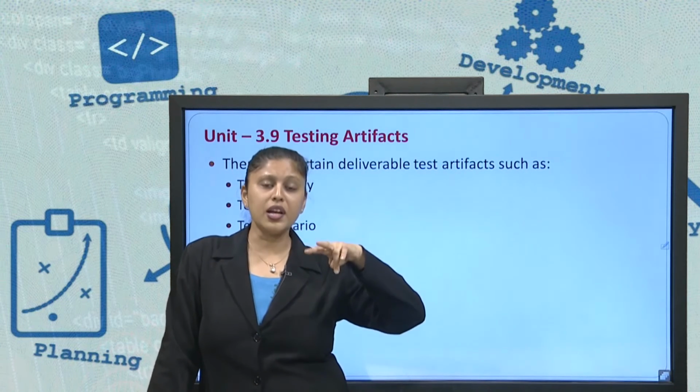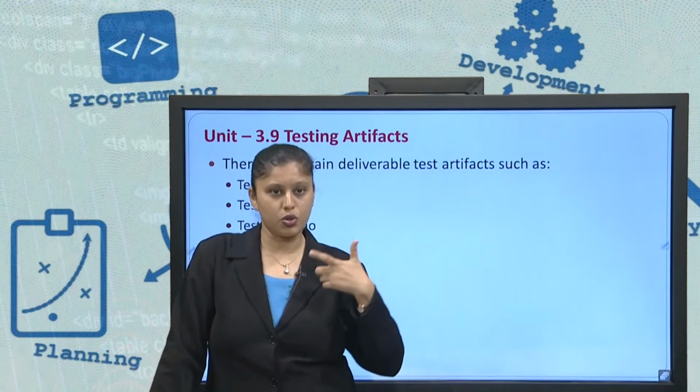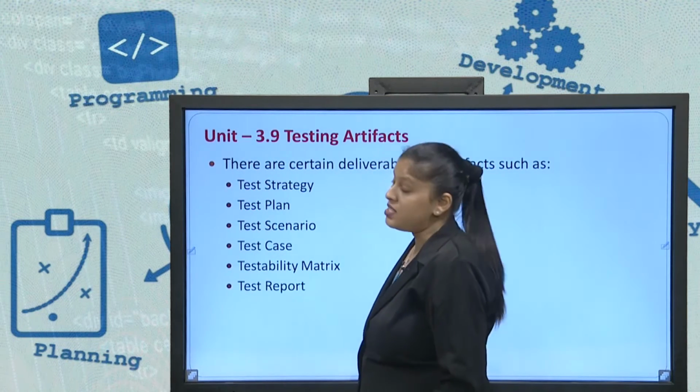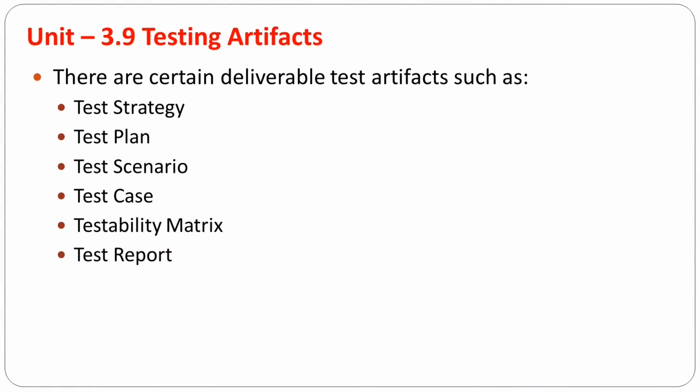For those 20%, the developers have to change the product code. Then the test report is there. After the testability matrix, saying these parameters are done, these parameters are passed, these parameters are failed, we have to generate a report.